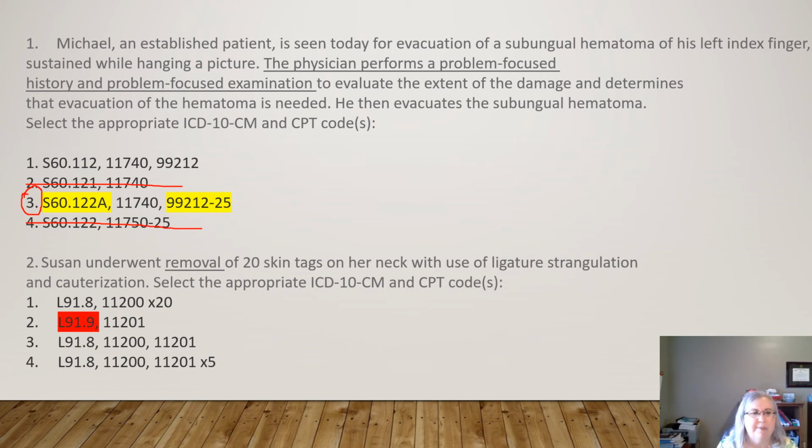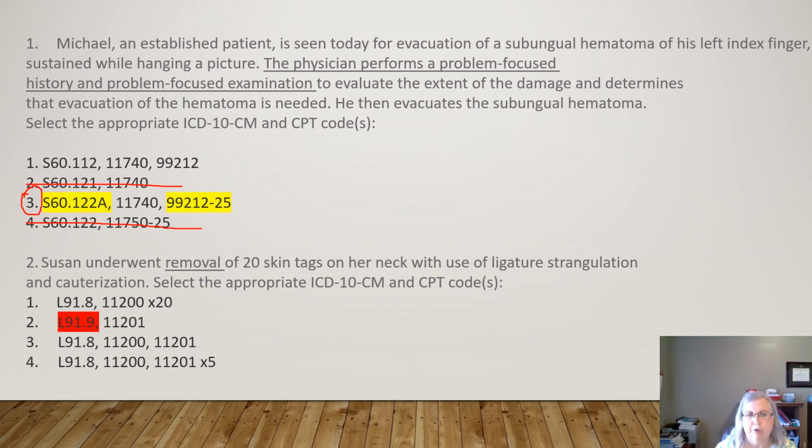So with that being said, my only other two, there's only L91.8 and L91.9, and then there's only 2 options when it comes to CPT codes, the 11200 and the 11201. Well, when you go to your book in the 11,000 series, 11200 leads you to a code of removal of skin tags.